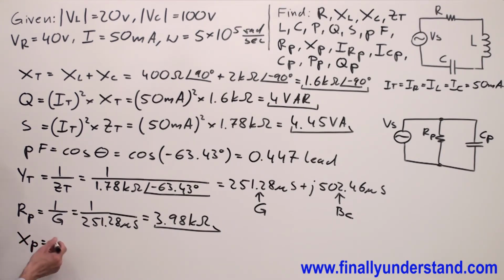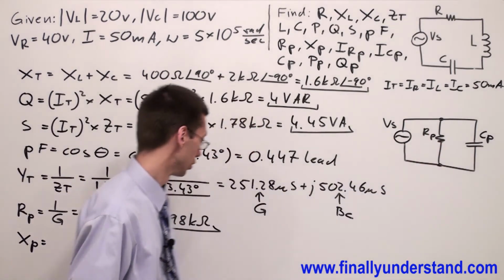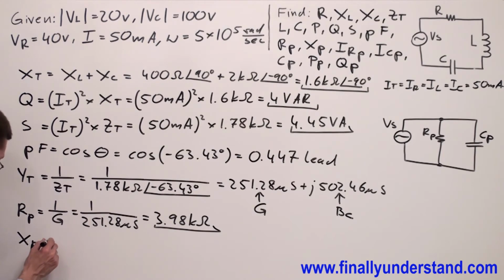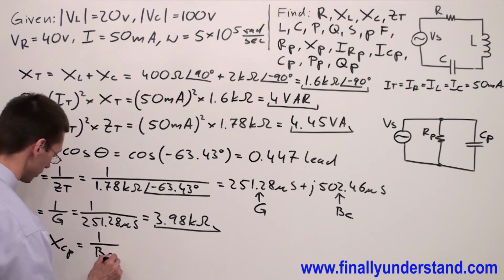and I can find XP. At this moment we know that this is going to be a capacitor, so that's why I'm going to write that XP is equal to X of C in my parallel circuit, which is equal to 1 over BC.